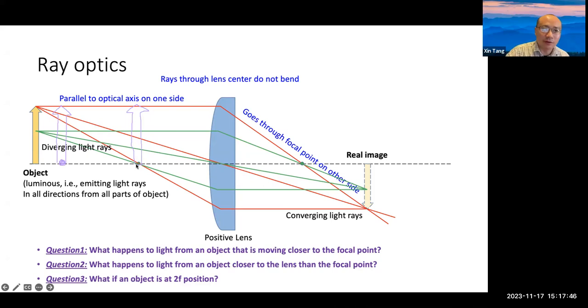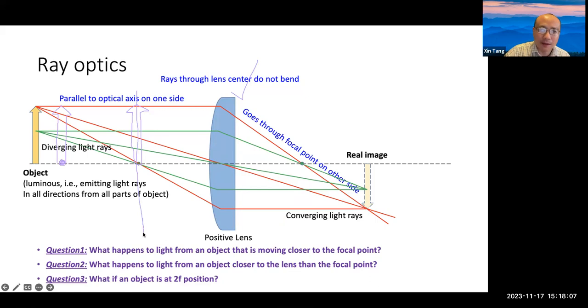Now I have a question for you. In the real microscope, this lens is the microscope objective from different companies, Olympus, Zeiss, and Nikon. Now you have the cell in this sample plane, right?